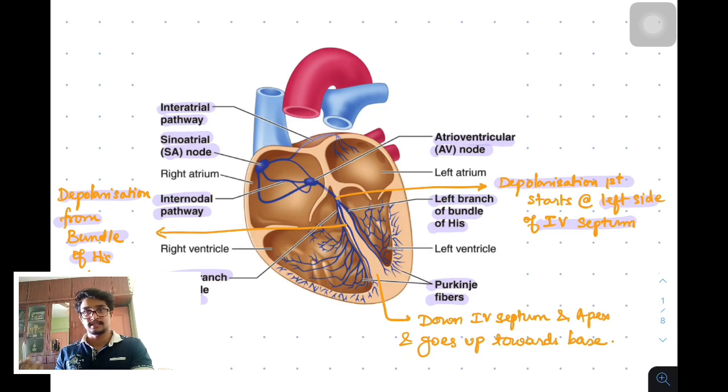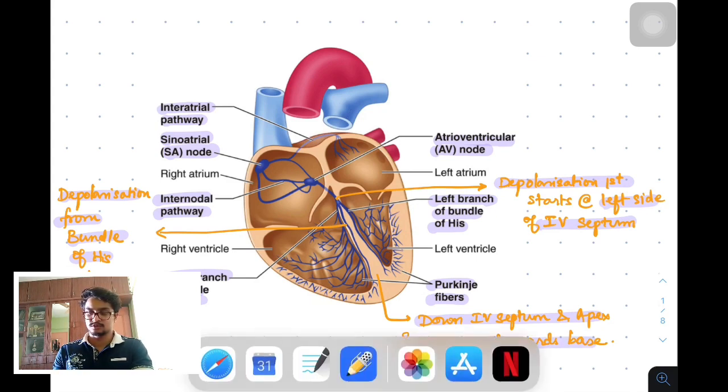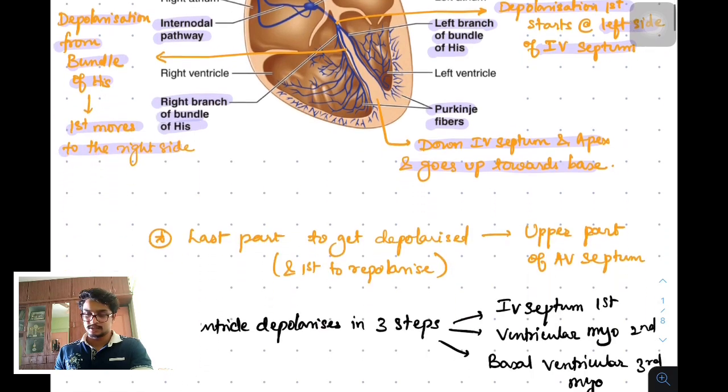So it starts at the left side but it moves towards the right side. Then finally the depolarization wave moves down the interventricular septum and reaches the apex and then goes up towards the base. So these are the salient features which you should remember for this concept.